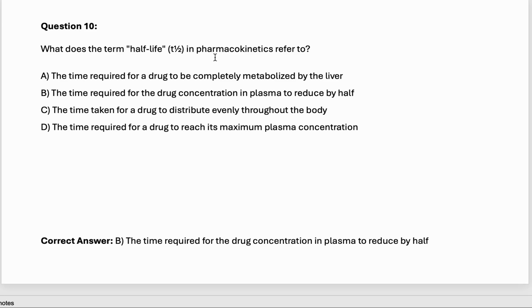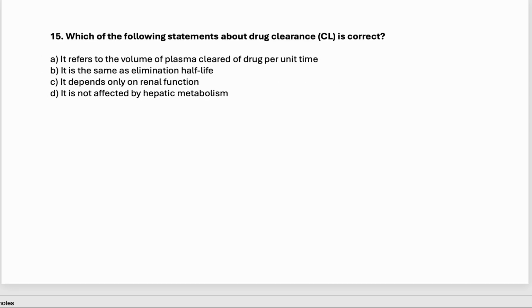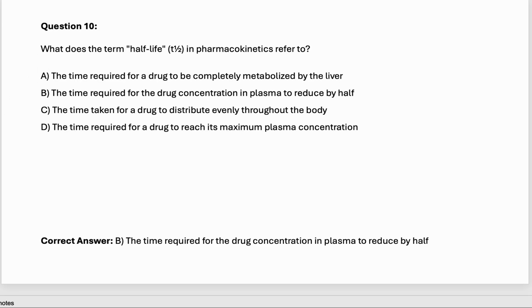This is the same as elimination half life. Actually, I think I brought this from a different assignment. You can see it's question number 15, and this is question number 10. It was my mistake, but it's good of you to point it out. Sometimes people do skip it.